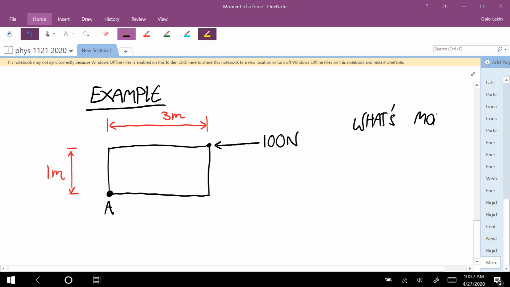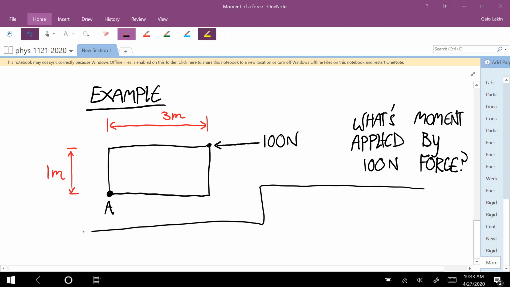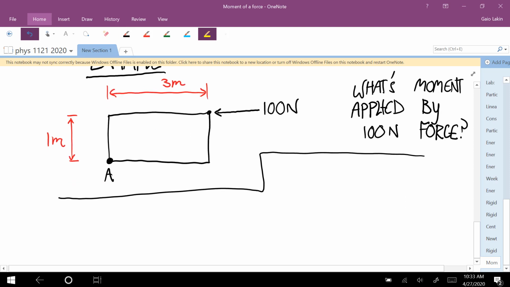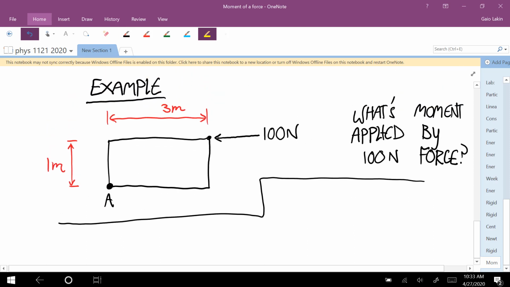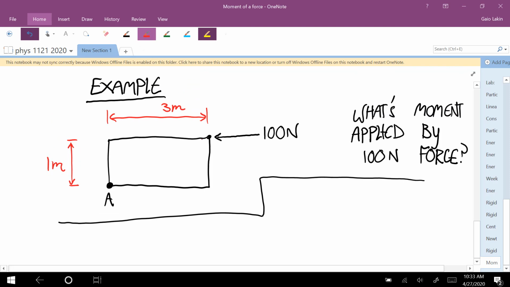And we want to know what's the moment applied by that 100 Newton force. Okay, well, what we're going to do is we're going to imagine extending the line of action of this 100 Newton force.